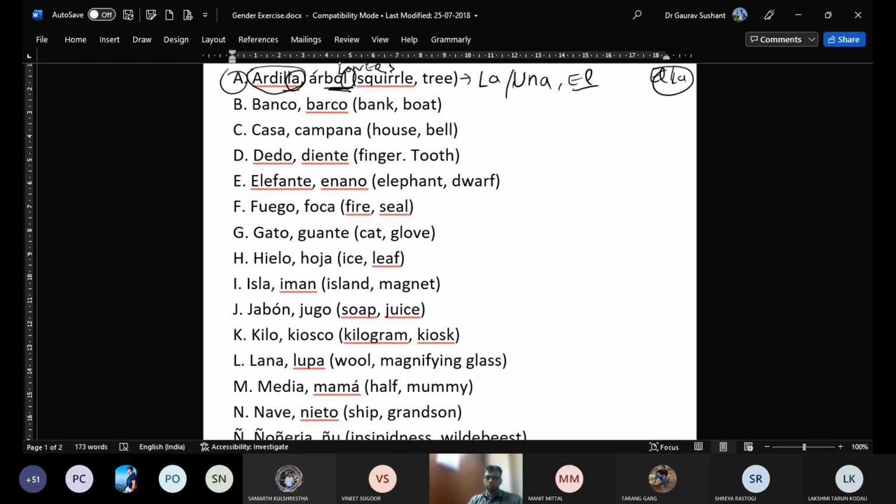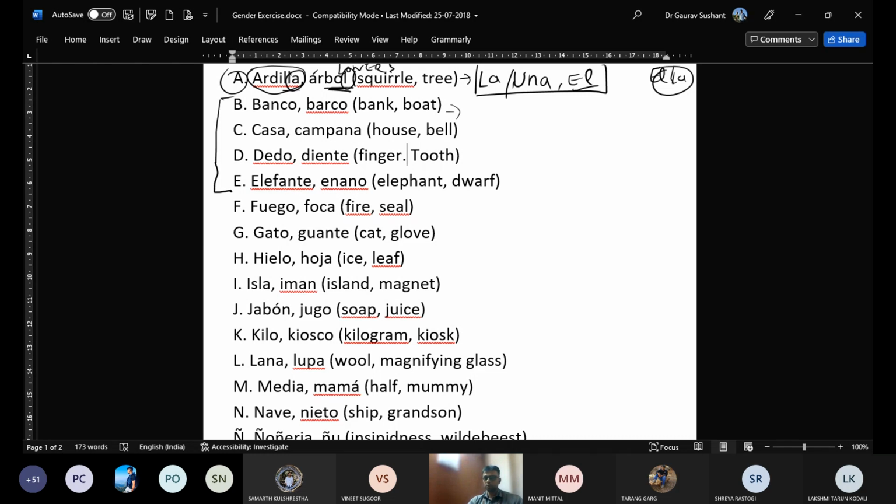So all of you start doing it. I will start asking all of you one by one the answer in some time. Do it. You can simply write down the answer in your notebook. If you are fast enough, you can write down the words also. If you are a little bit slow, then you can simply write down the answer like this: el or la, or both.